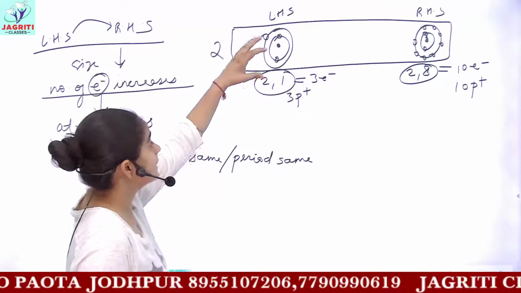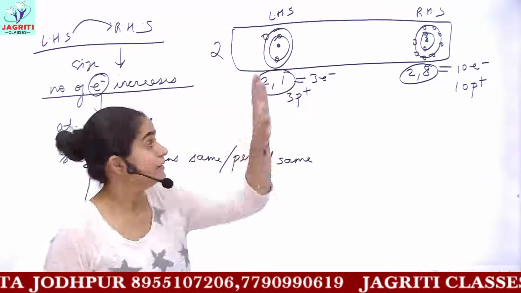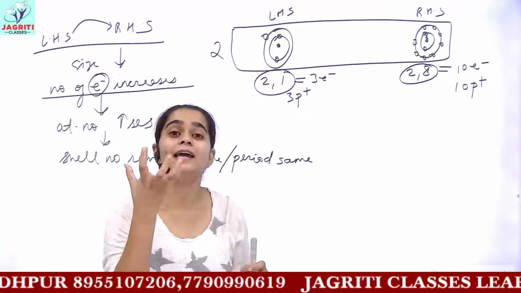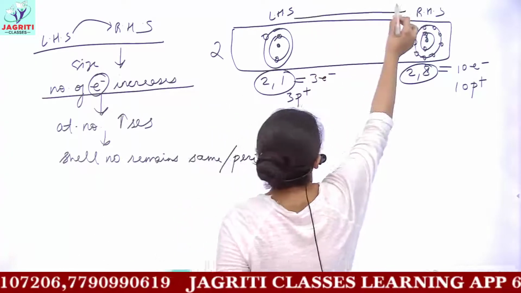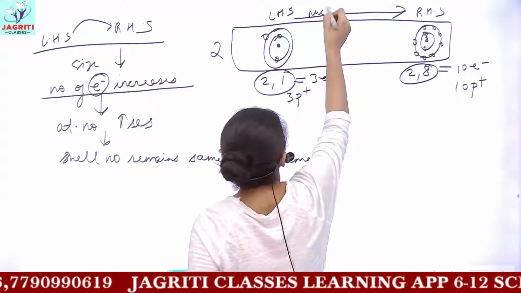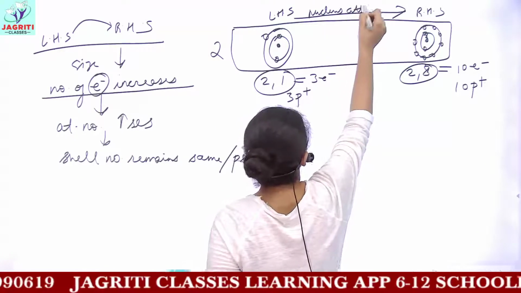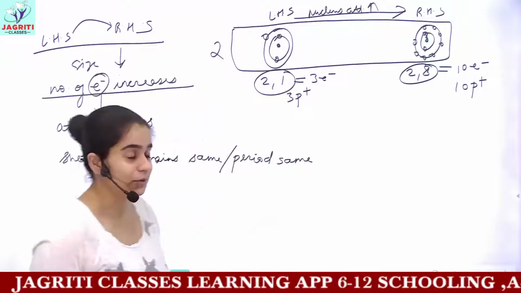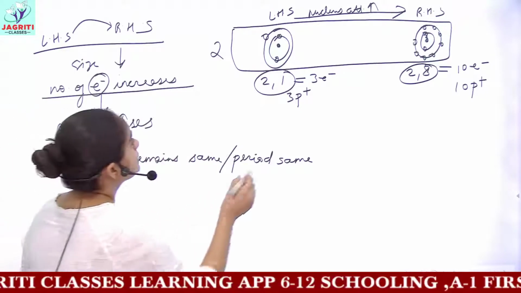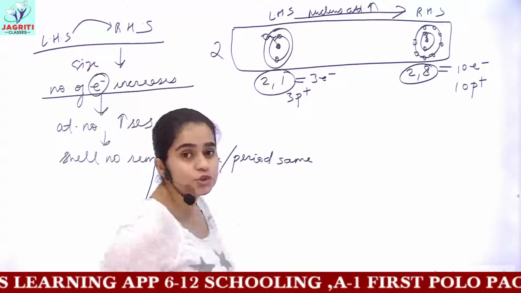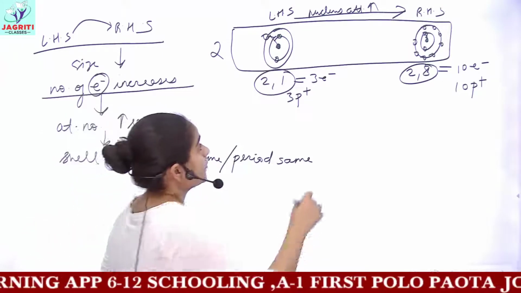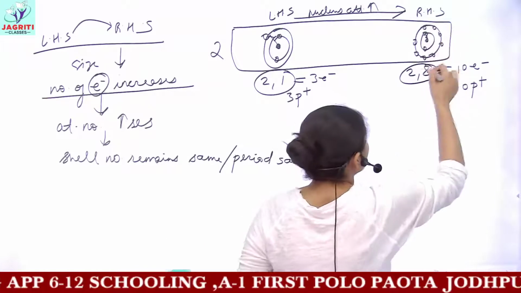But this nucleus has a high force on these electrons. And moving from left to right, the nuclear attraction will increase. Okay? So we say that these 3 protons only attract the outermost 1 electron with a force, but here all the 8 electrons are present.